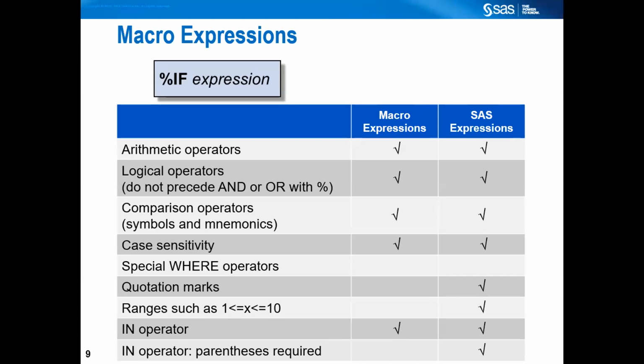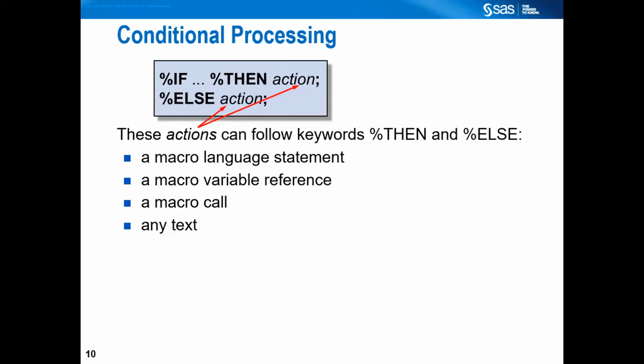Fine. Okay, so moving ahead, this is what it's telling about your conditional processing. Same as base SAS: if expression, then action, else another action. These actions can follow the keywords percent then and percent else. What could these actions be? Either simple SAS statements, or macro language statements, or macro variable references, a macro call, or any text.